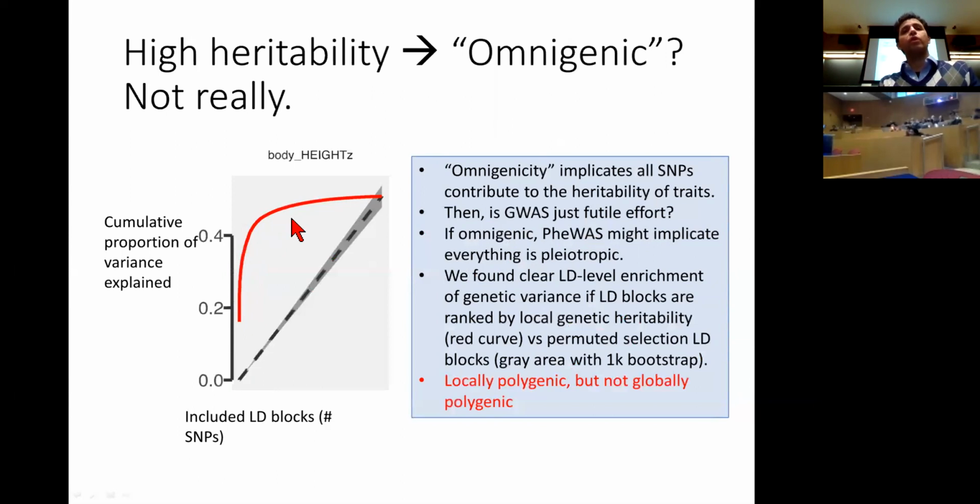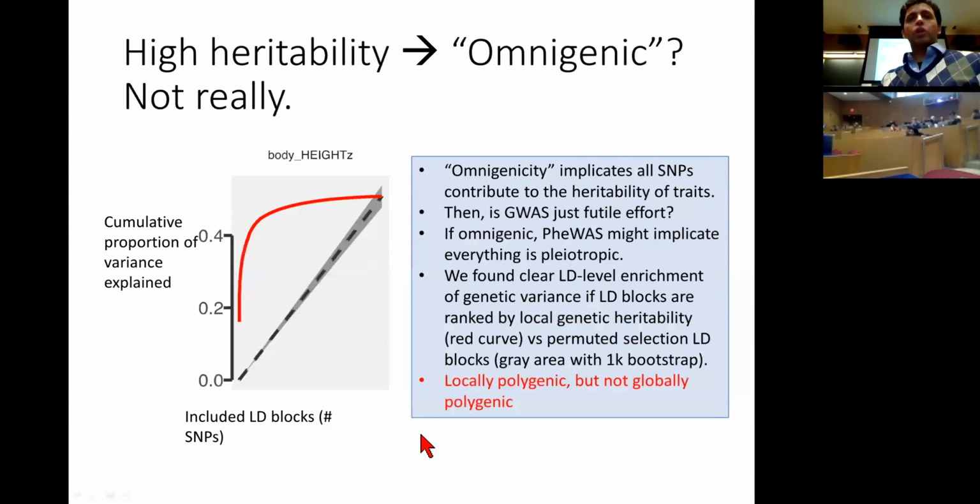And then, of course, there's a very, very long tail, which I think was what prompted the omnigenic model. But the high concentration of heritability on a small number of LD blocks is, in fact, instead arguing for this very strong concentration of heritability into a small number of pathways. Everybody with me so far?